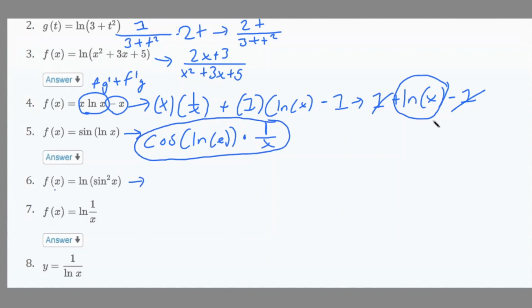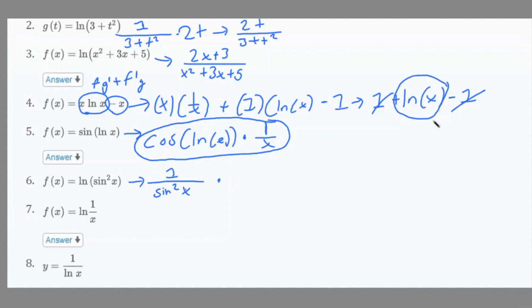Number 6 is asking us f of x is ln of sine squared x. This is a case where we're going to use the ln rule, and then we're going to find the derivative of the inside. So we're going to have 1 over sine squared x.